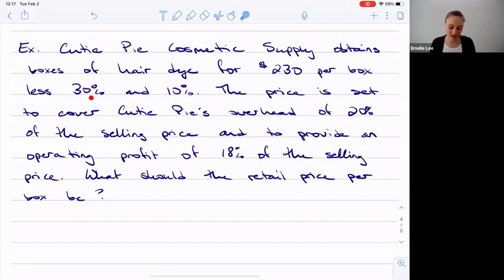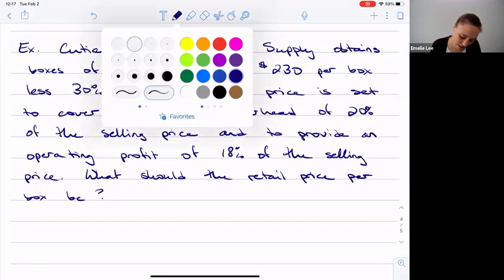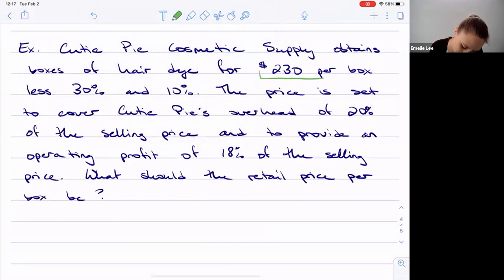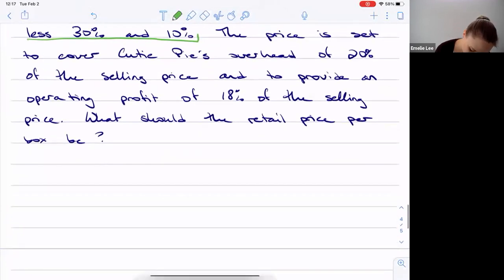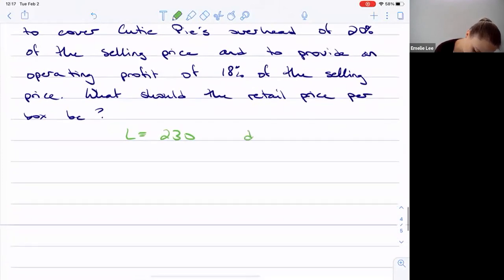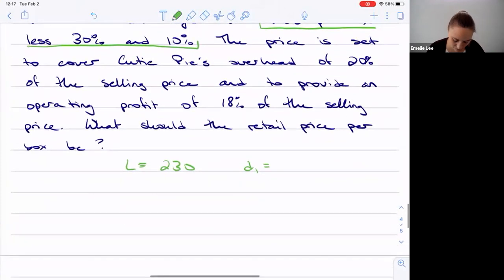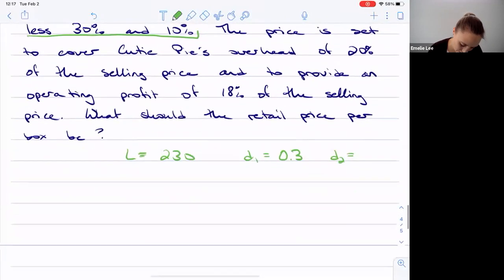Now this is not obvious, right? I'll write that in green. Actually, let's do it like this. The list price is 230, discount 1 is 0.3 and discount 2 is 0.1.